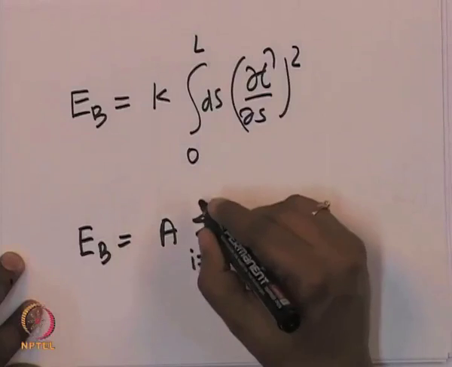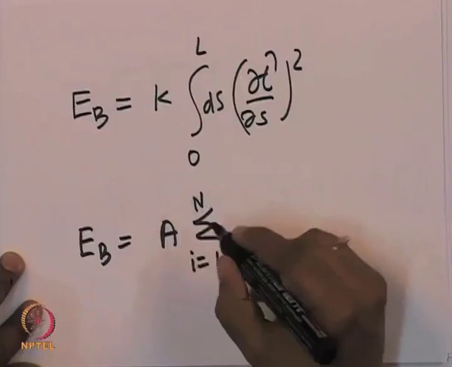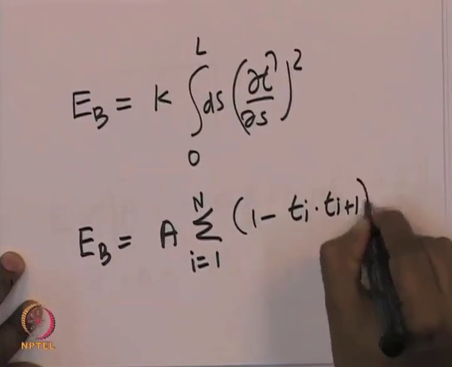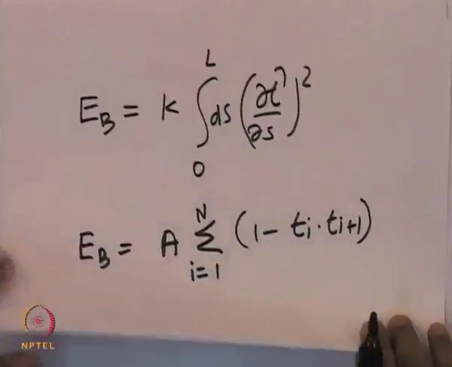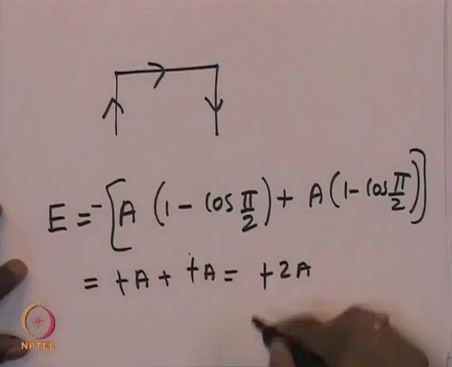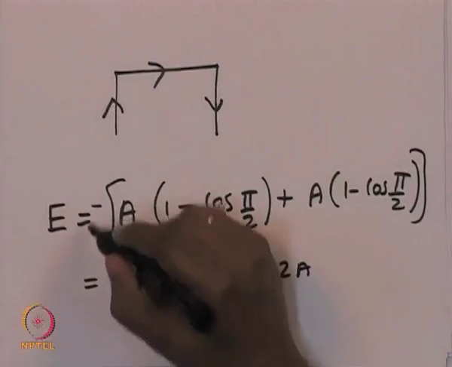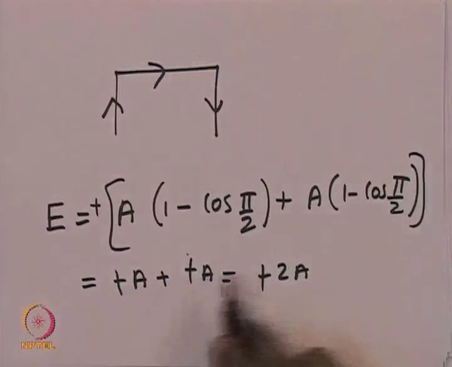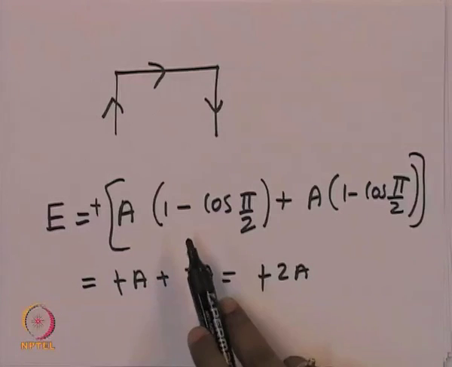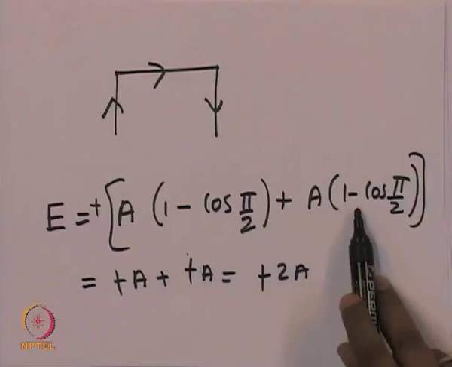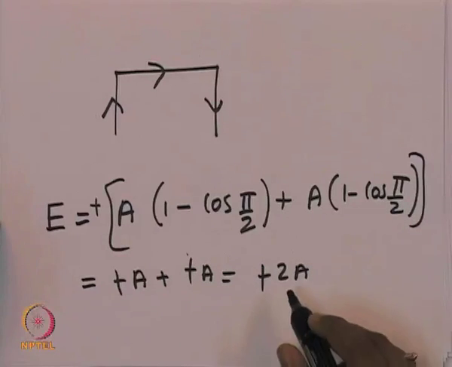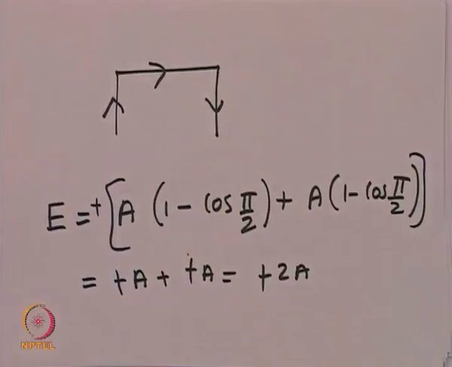Okay, so there is no minus sign, this is correct what I wrote. So, the answer will be 2A. There is no minus sign here, whatever we discussed is correct. So, A into 1 minus cos pi by 2 plus A into 1 minus cos pi by 2, the answer is 2A. So, the energy of this system will be 2A.